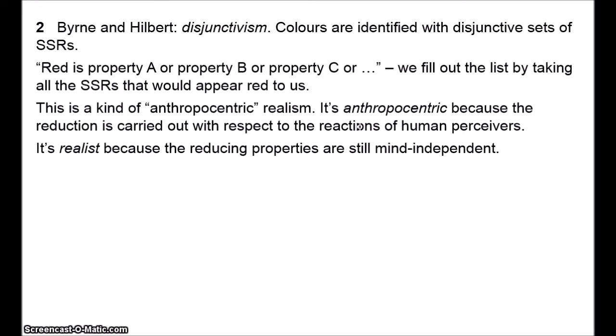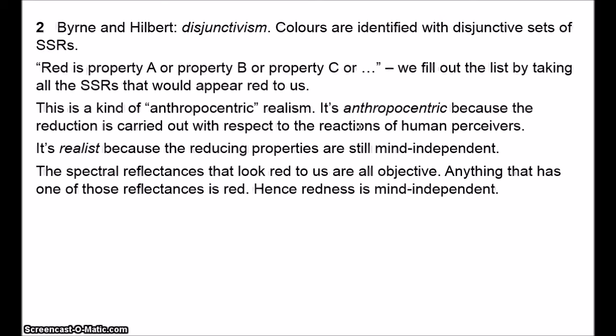If we take some set of spectral reflectances and they all look red to us, well, this set is completely uninteresting from the point of view of physics. In purely physical terms, it's just an arbitrary collection. But that doesn't mean it's not real. That doesn't mean it's not mind-independent, just because it's arbitrary. Redness is this set of reflectances. Redness is the set of reflectances that appear red to us.